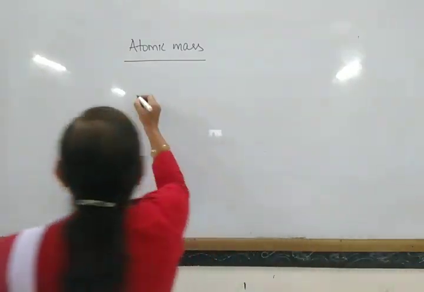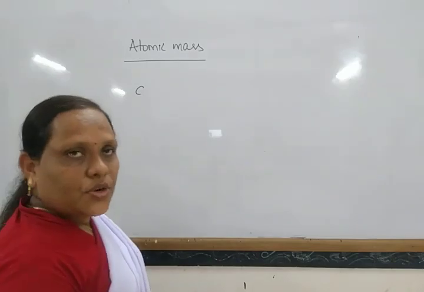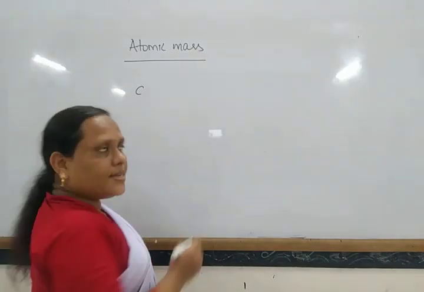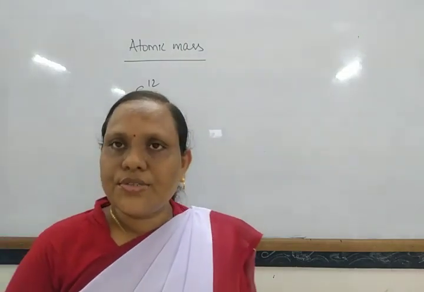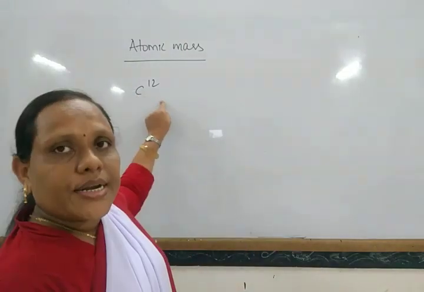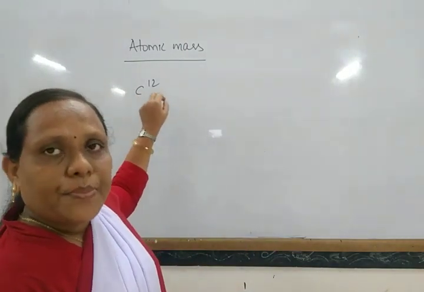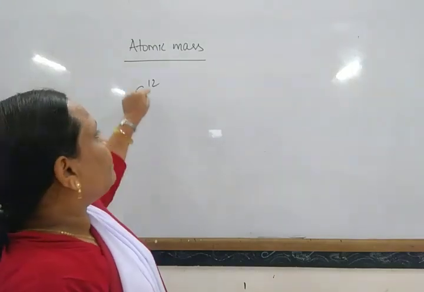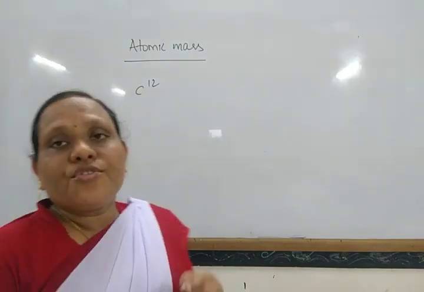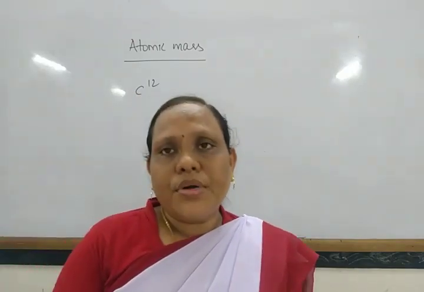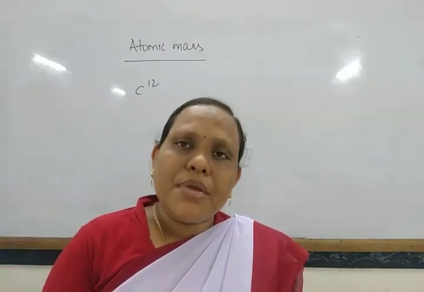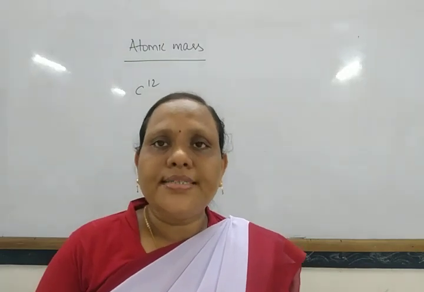Carbon has different isotopes, carbon 12 and carbon 13, but the carbon 12 isotope is the more stable isotope, and this is evidently found. So by comparing with this carbon 12 isotope, the atomic mass of an element is determined.